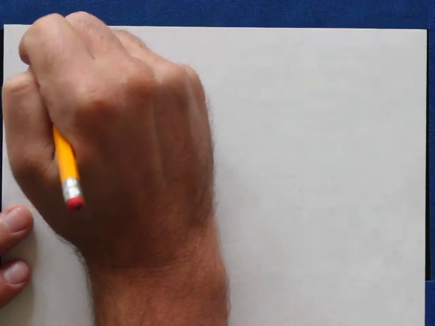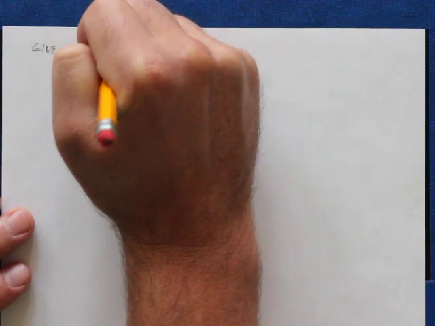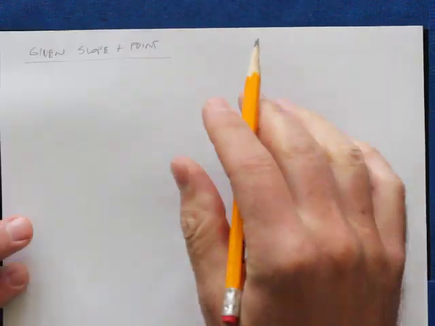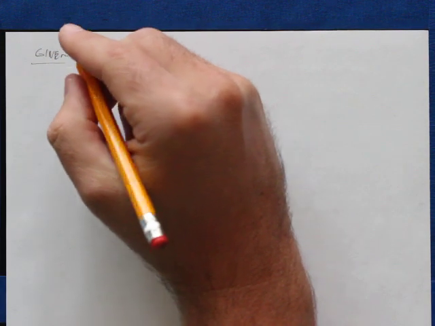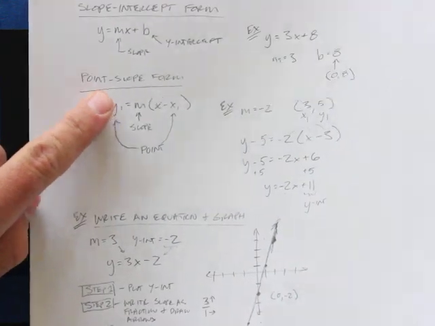All right, next we are given the slope and a point. So we're going to use the point slope form for these.